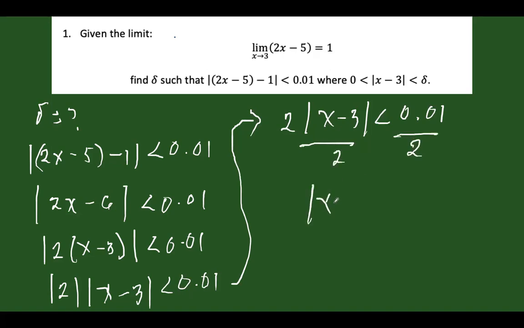The absolute value of x minus 3 is less than 0.01 over 2, which is equal to 1 over 20, or 0.005, if I'm not mistaken. Here we have already expressed the left-hand side of the inequality in terms of the absolute value of x minus 3.